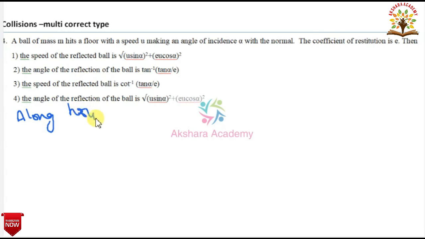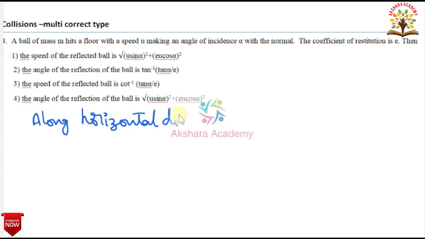Here, first along the horizontal direction, P is constant.